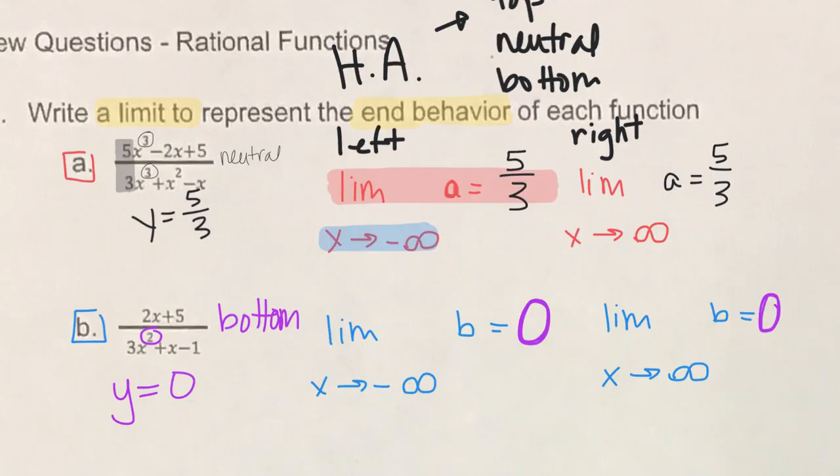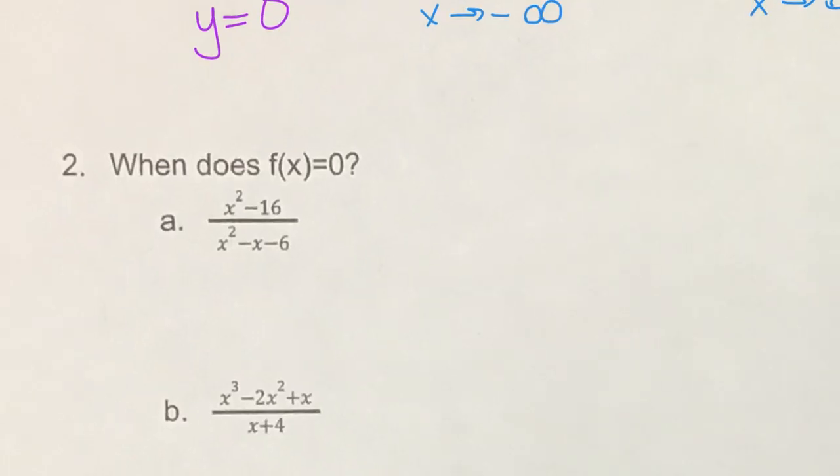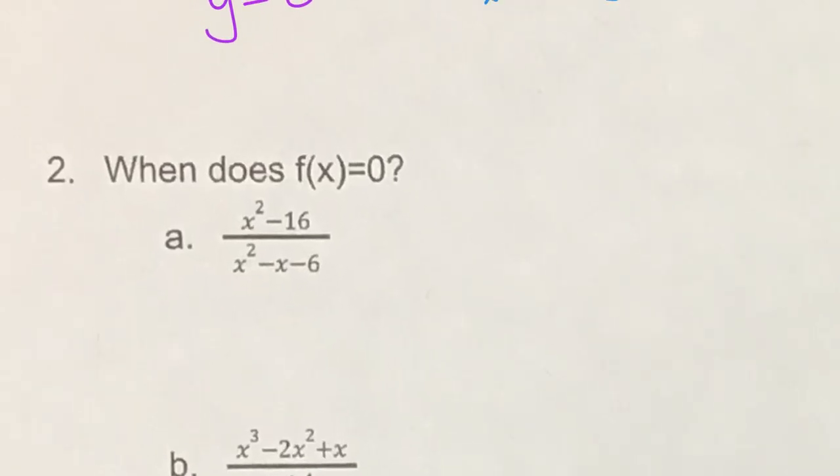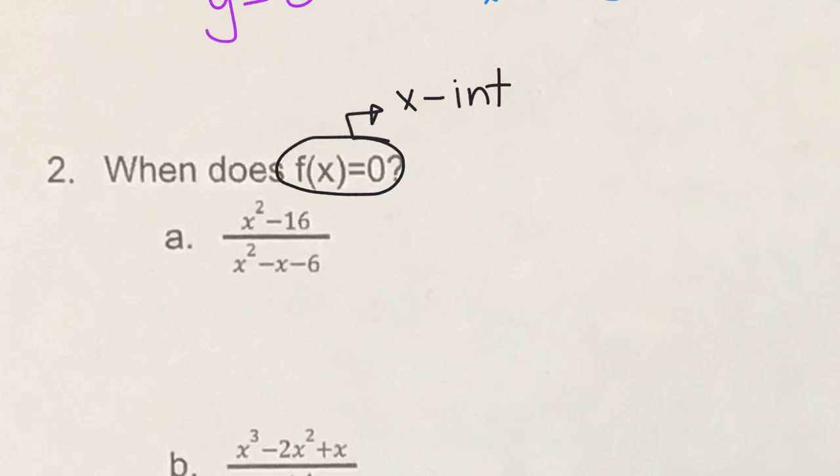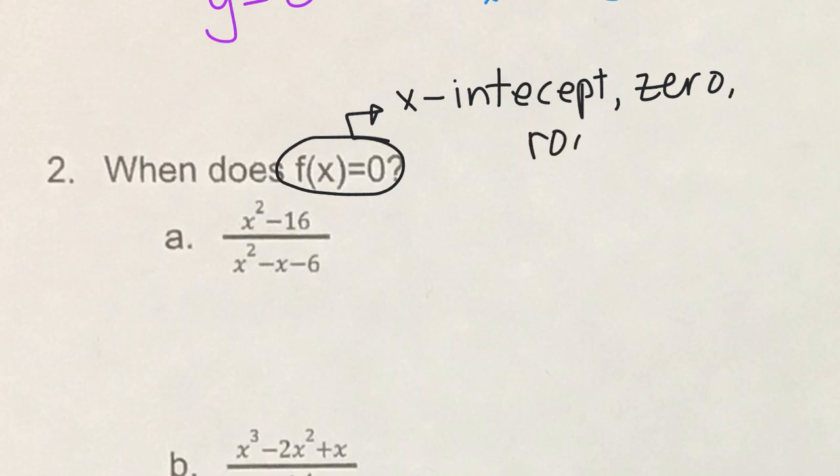Now part number 2 is about when does f of x equal 0. What does this mean? This means where does our graph cross the x-axis? So we're looking for your x-intercept, which is also known as your zero, your root, or your solution.